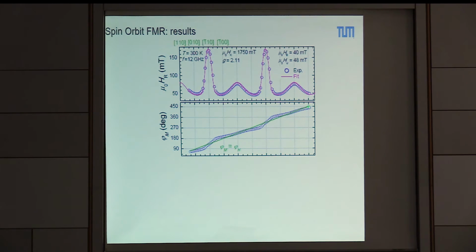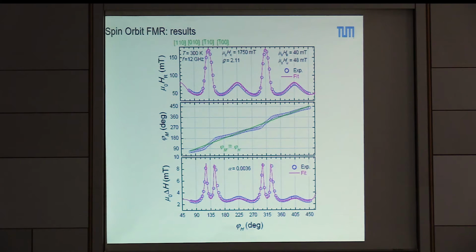This is the magnetization angle phi m as a function of phi h, and the green line would give you the corresponding signal for a polycrystalline sample. But here we see we get deviations, obviously, where we have the strong anisotropy. So the magnetization cannot lock into the field direction. And now we can also measure the line width as a function of angle, and this is what is shown here.